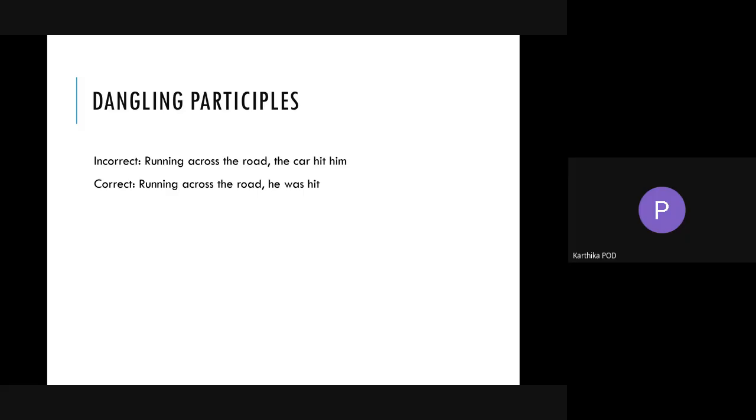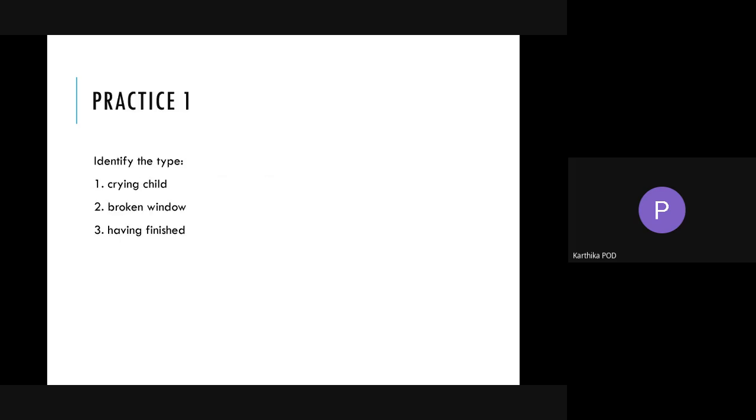Now, running across the road, where is the subject? There is no subject there. The car hit him. The right way of putting it is running across the road. Who was running? Him was not running, he was running. So, running across the road, he was hit by a car or whatever. He was hit. Right now, we'll look more into that. But before that, identify the type of participle.